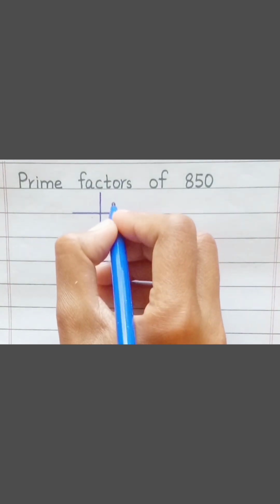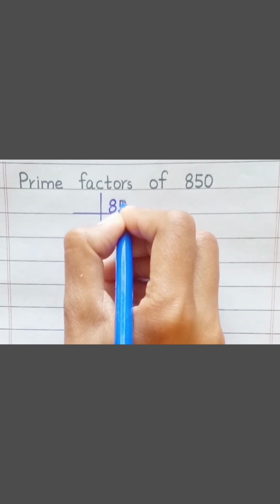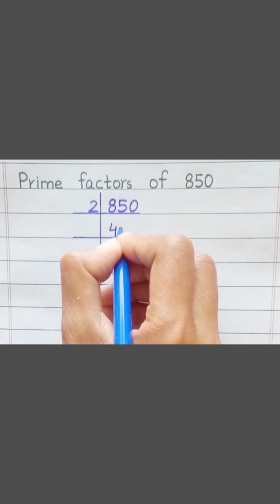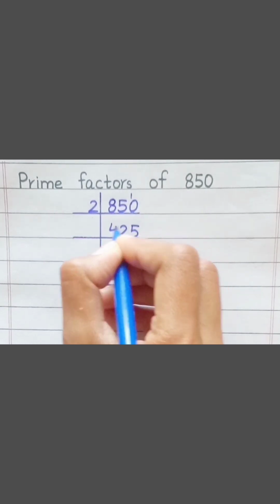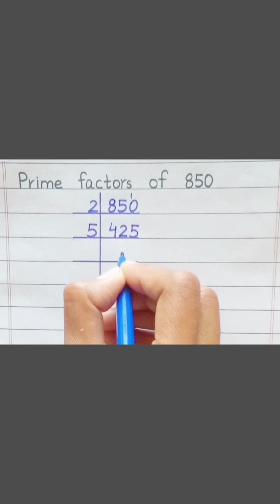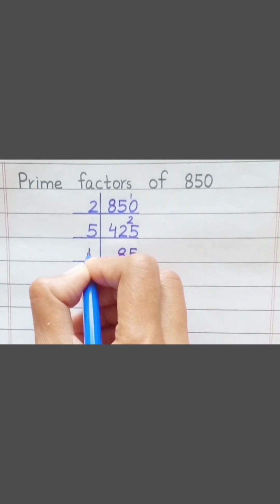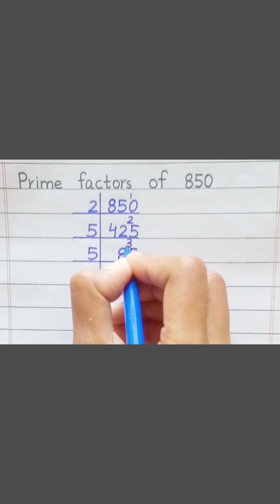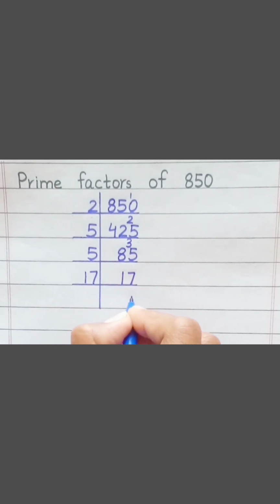Prime factors of 850. 2 fours are 8, 2 twos are 4, 2 fives are 10, 5 eights are 40, 5 fives are 25, 5 ones are 5, 5 sevens are 35, 17 ones are 17.